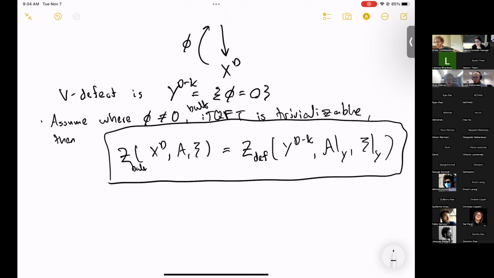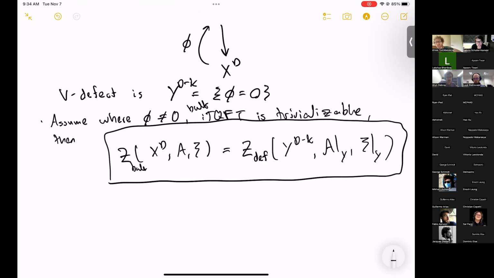So, for instance, with G equals SO(3) and V being the vector rep, you said that was SO(3) breaking down to SO(2), and there were the hedgehogs. But if I'm thinking of it from the G mod H picture, then I could also have higher codimension defects. That would be choosing a different V, not the vector rep. Is that right? Well, you have to be careful. Not all of these will have good anomaly matching problems. These particular V defects are the ones that are good. I see. We should talk about it later. Yeah, for sure.